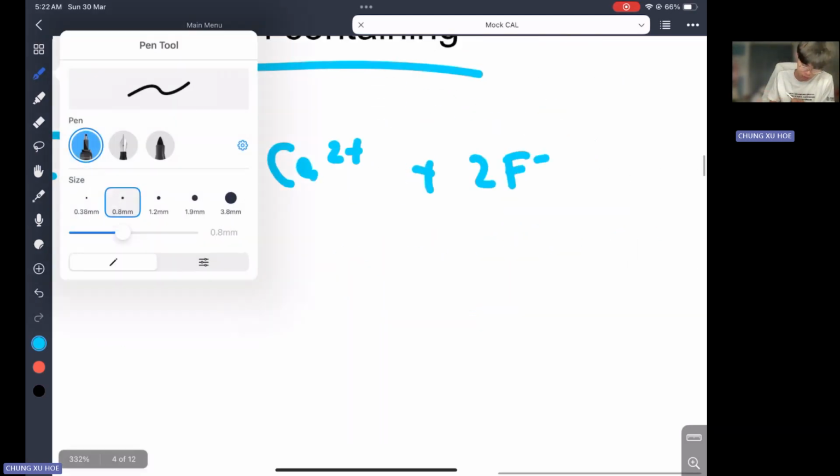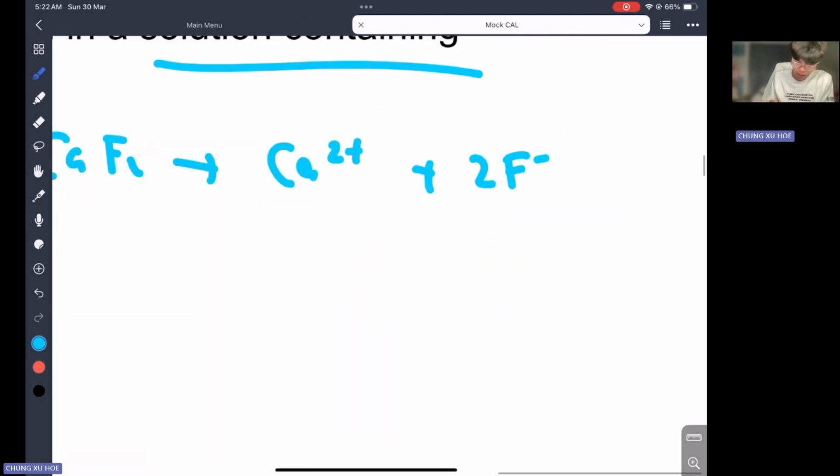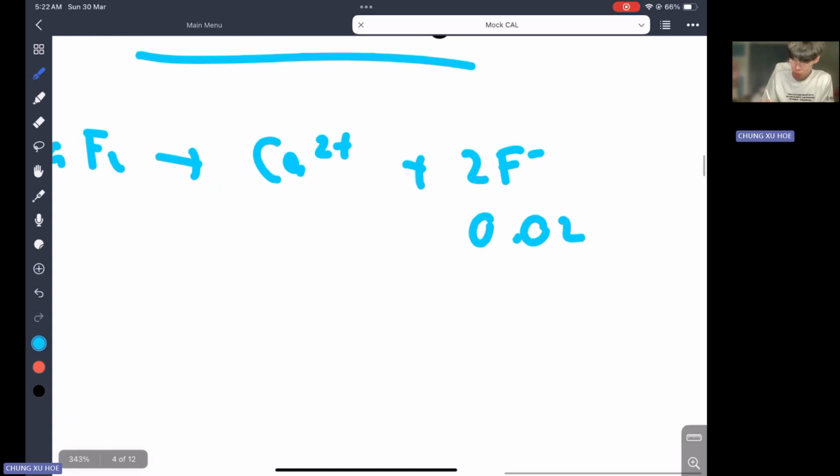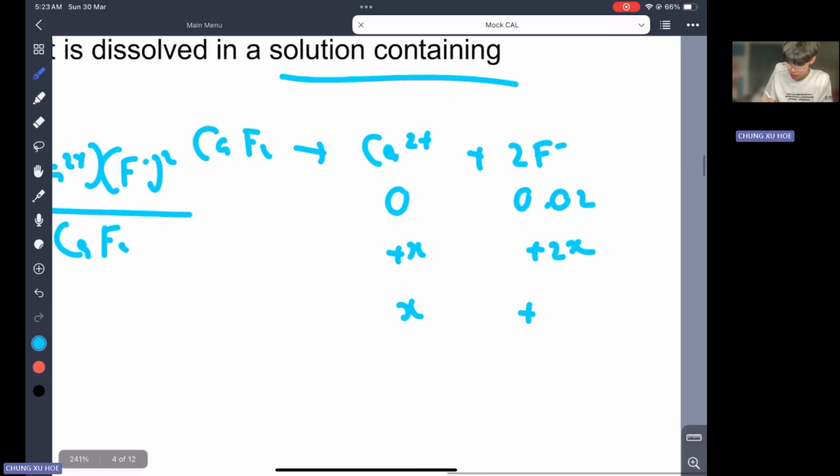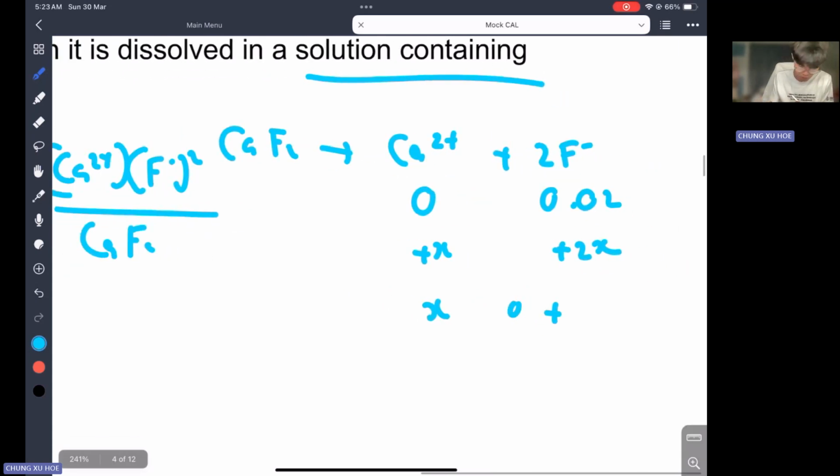So here, 0.02 M already, so 0.02. And then plus x, and here is going to be x. Oh, sorry, here is not x, here is 2x. So here is going to be 0.02 plus 2x.